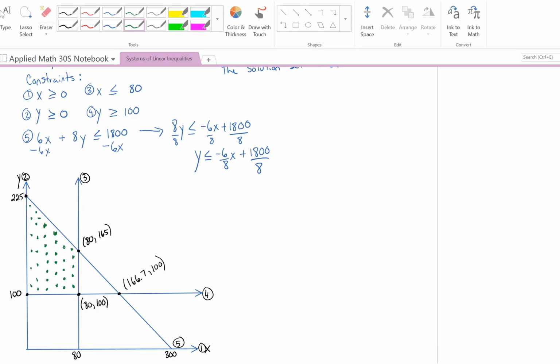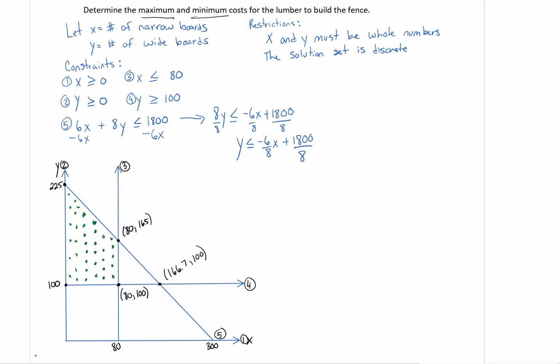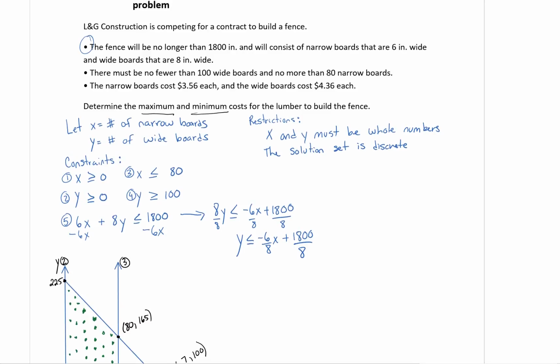Alright, at this point, now we're ready to deal with our objective function. So if we look back up here, this bullet here tells us narrow boards cost $3.56 each, wide boards cost $4.36 each, and then we're to determine the maximum and minimum costs. So our objective function, let's write it out here, would look like this.